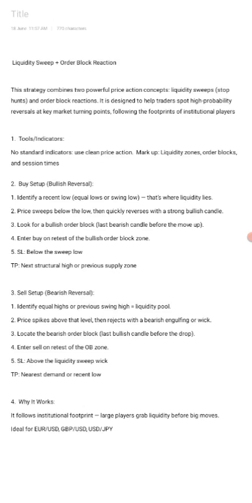So this strategy is designed to help traders spot high probability reversals at key market turning points. The following are the tools and indicators we use.